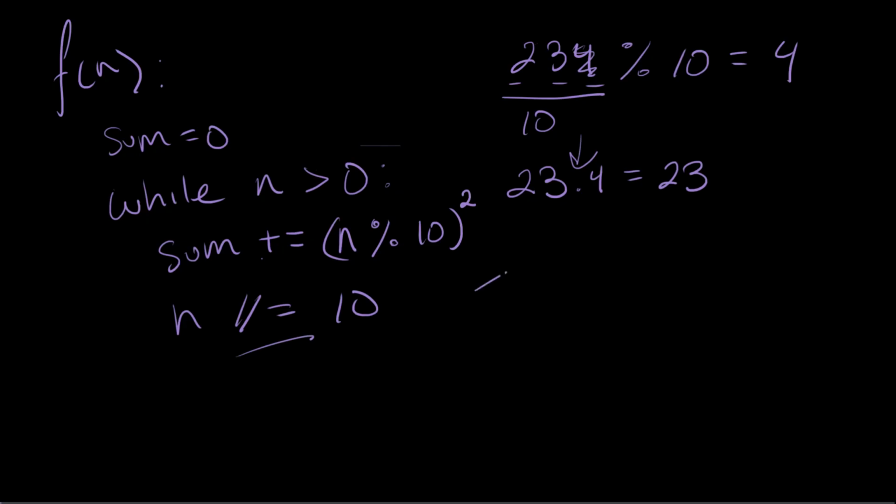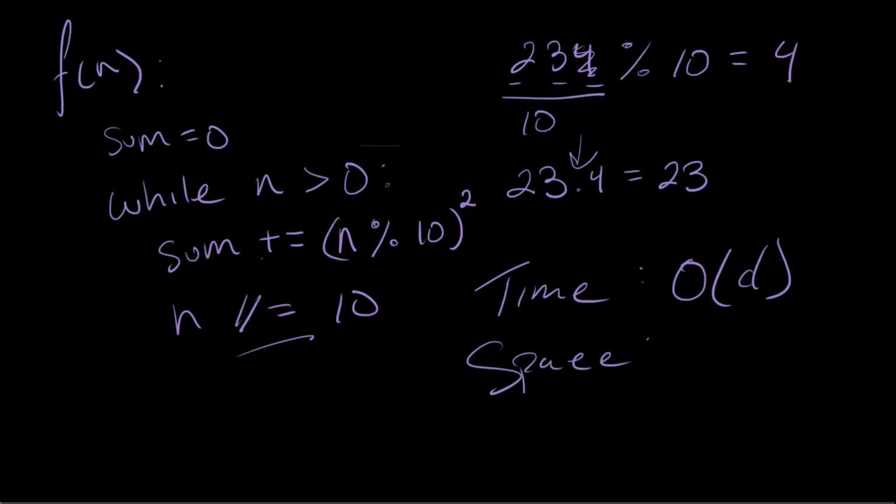As I said before, this time complexity is the same. It's O of d. We're never going to be able to do fewer iterations than that. And the space complexity is still O of d, because sum grows at the same rate.